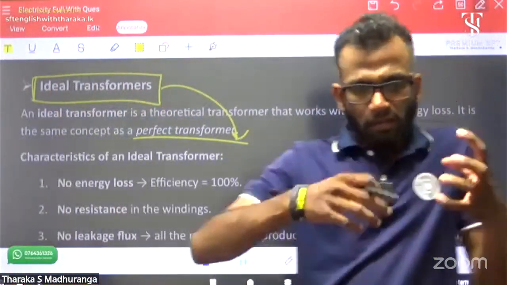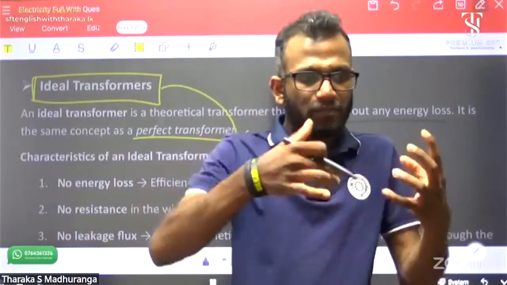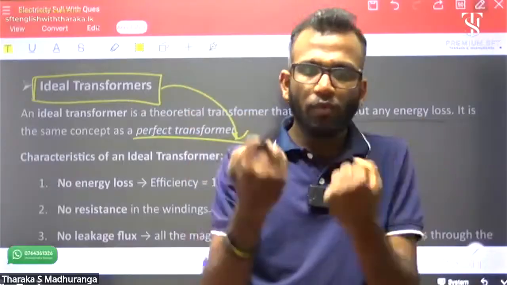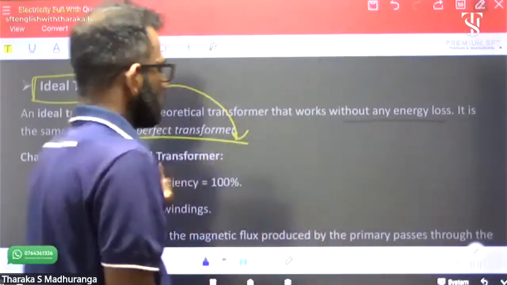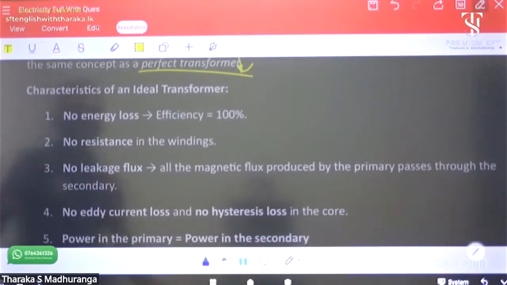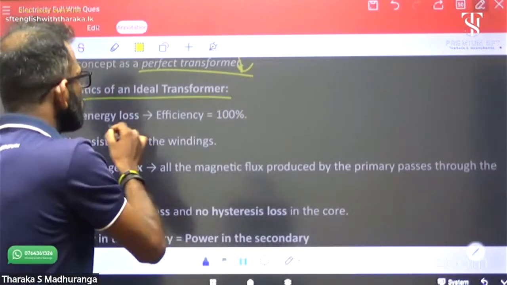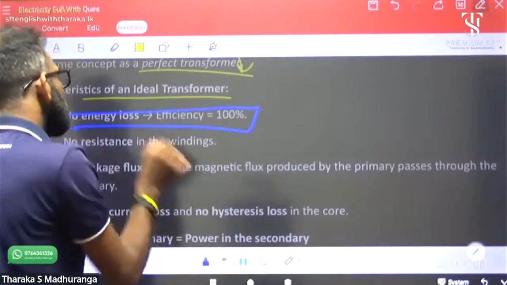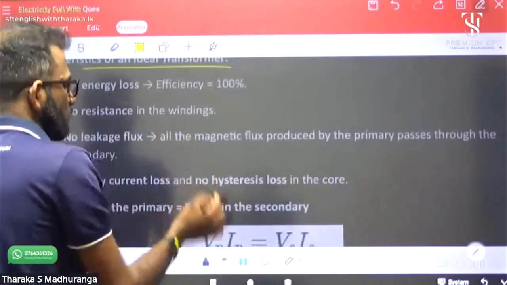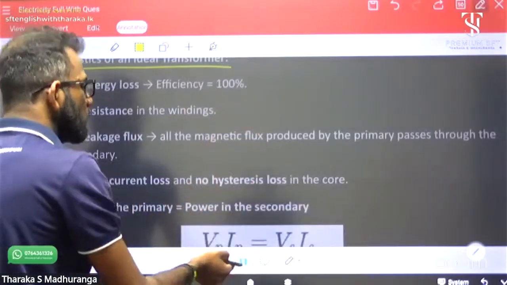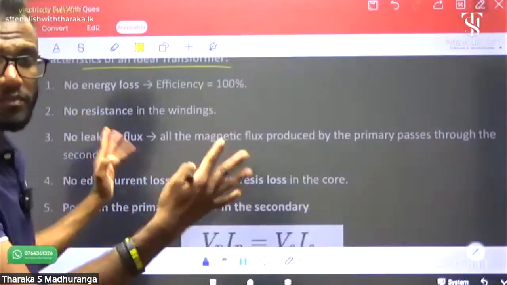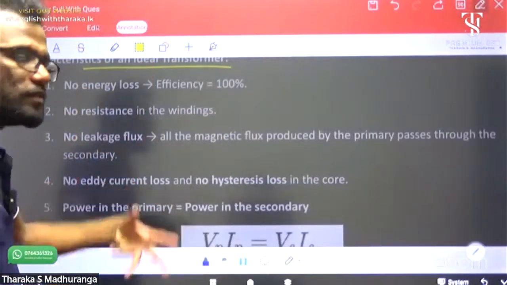That means while voltage converts from high to low or low to high, there is no energy loss. A characteristic of the ideal transformer is that it has no energy loss, which means efficiency 100%. No resistance. Practically we can't find a resistance-free component, but we assume the ideal transformer has no resistance.